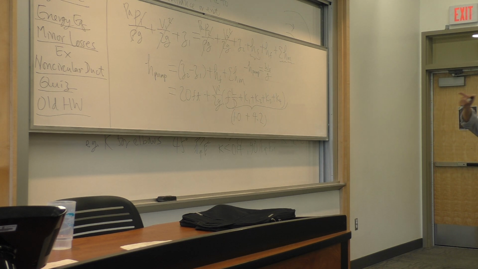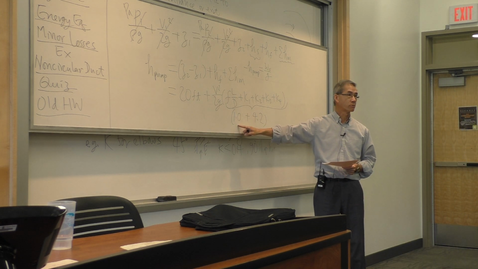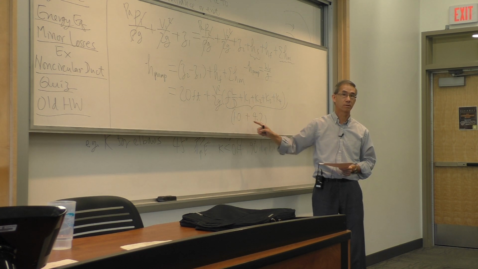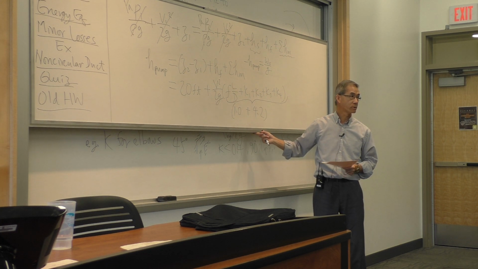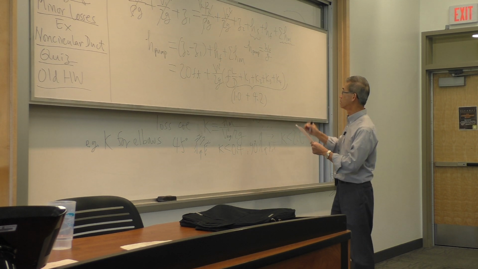Because if you add up all those K, and there are 4 pieces of them, inlet, exit, 2 elbows, and a valve, that is 4 times more than the Moody diagram. So the word minor is very, very deceiving. It's not minor, it's the big part of the losses. If you neglect that, you won't get the right answer.